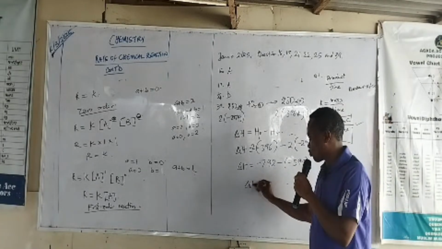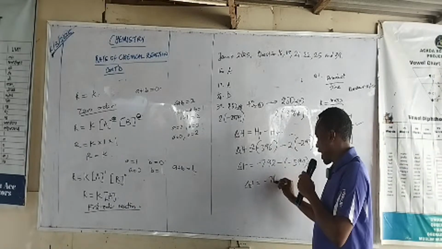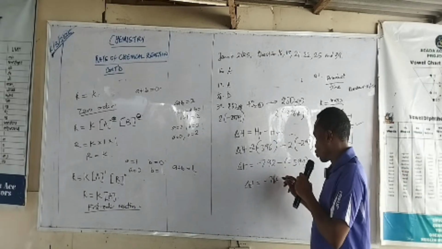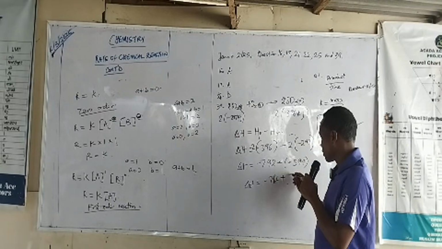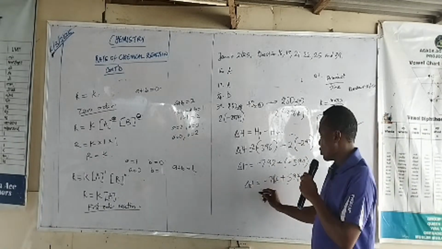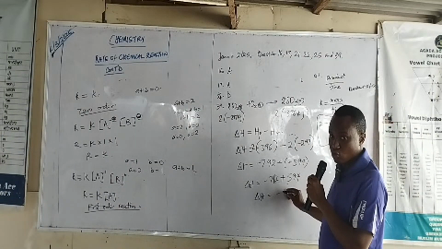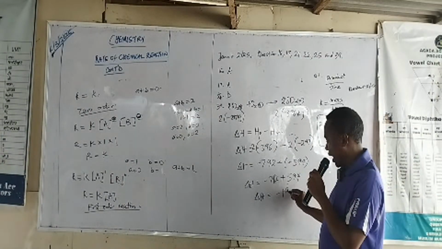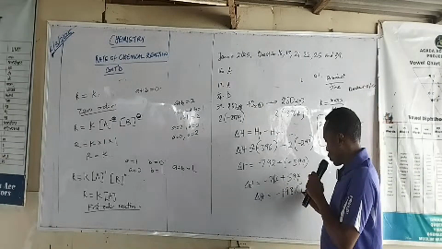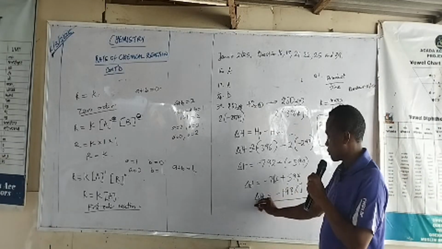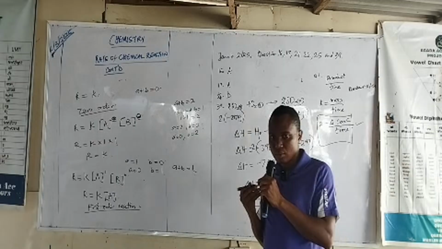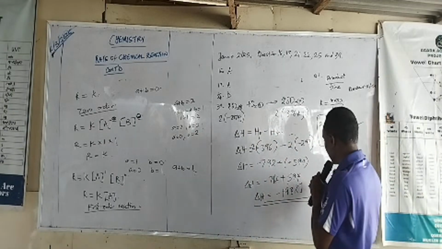So our change in enthalpy is equal to minus 792 plus 594, which is minus 198 kilojoules per mole.